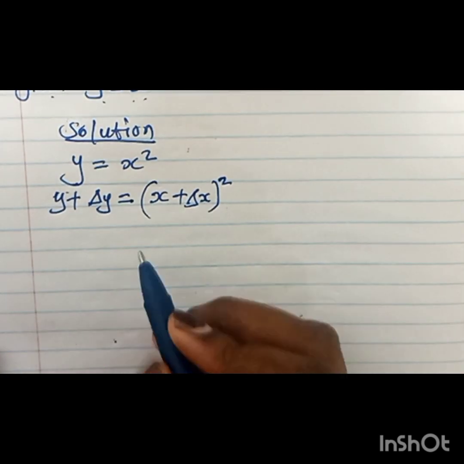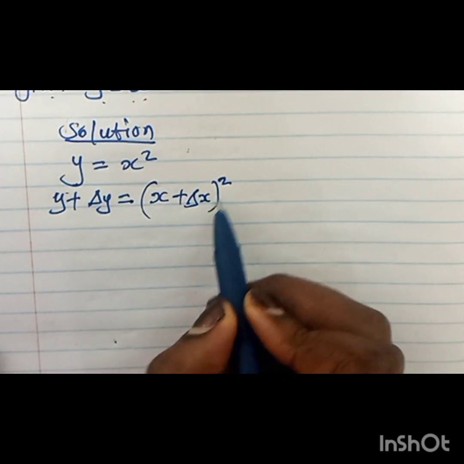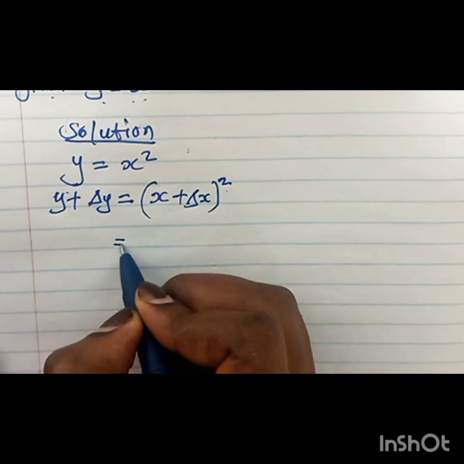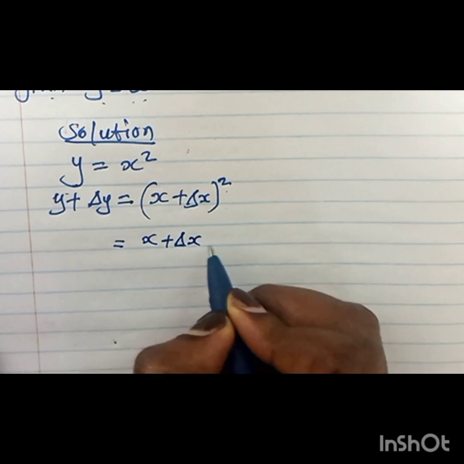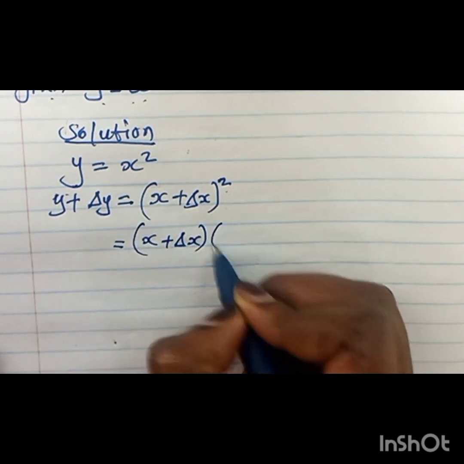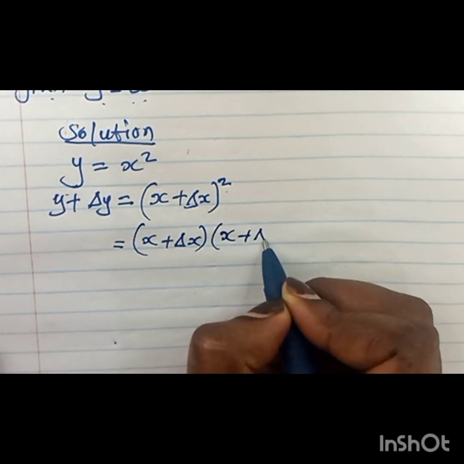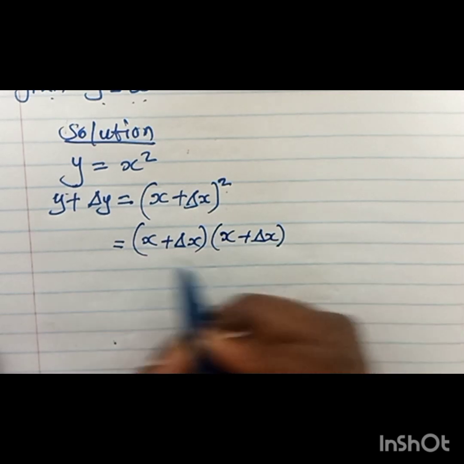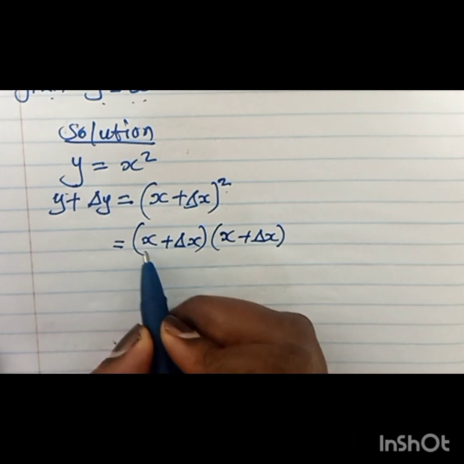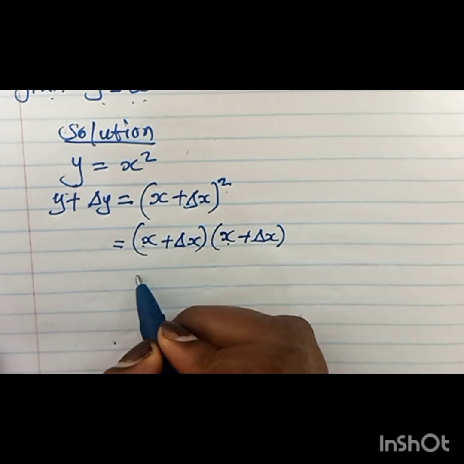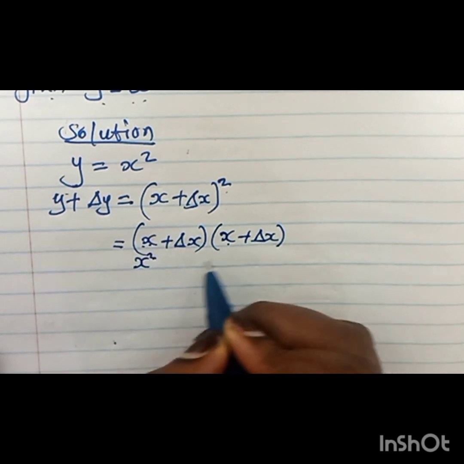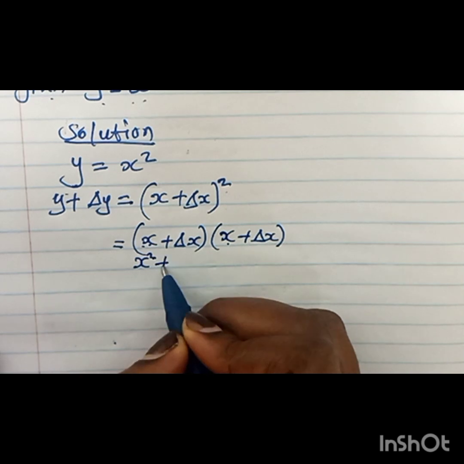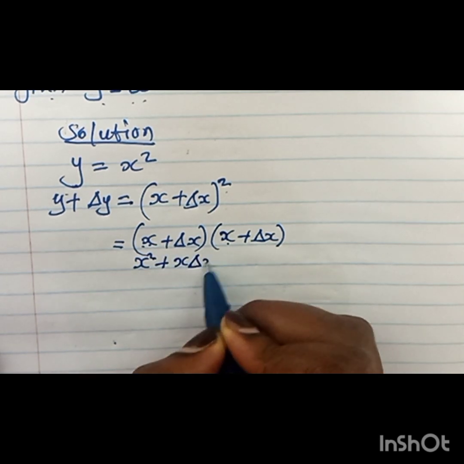And then if I'm having x plus change in x squared, it is the same as having x plus the change in x times x plus the change in x. So let us expand this one first. I'll have x times x, which is x squared. x times change in x will be plus x change in x.